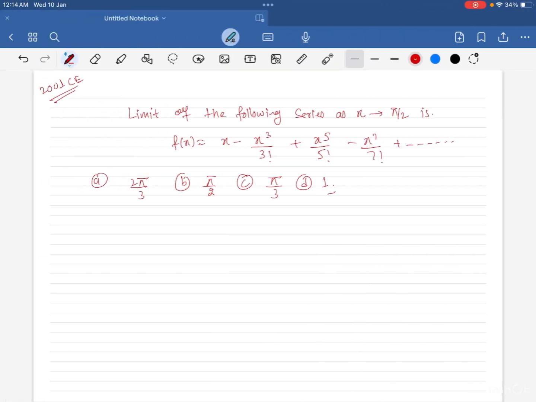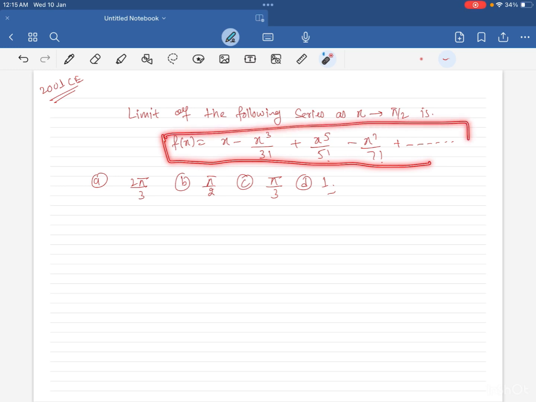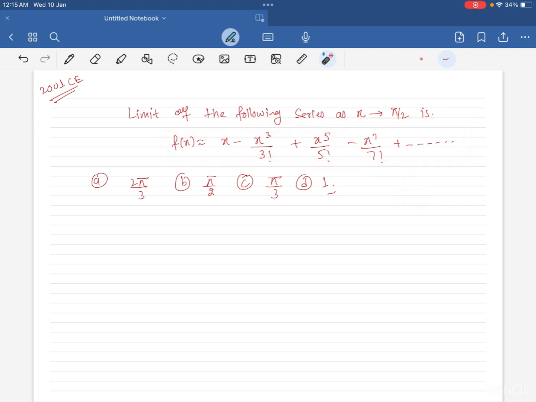Okay, so this question is from 2001 CE. Limit of the following series as x tends to pi by 2. We have been given this series, right? So this is the expansion of which function? So this is the expansion of sin x, right?